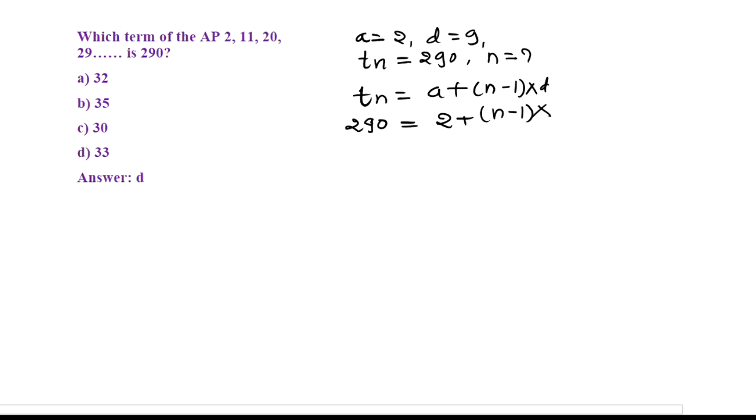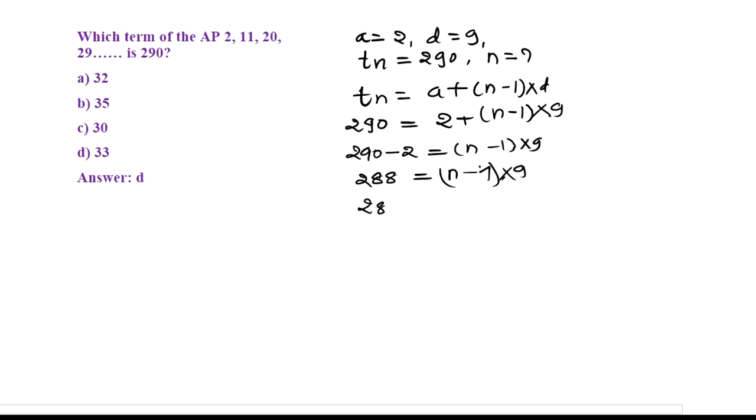D is how much? 9. Correct? So take 2 on the other side. So it's 290 minus 2 is equal to n minus 1 into 9. 288 is equal to n minus 1 into 9.